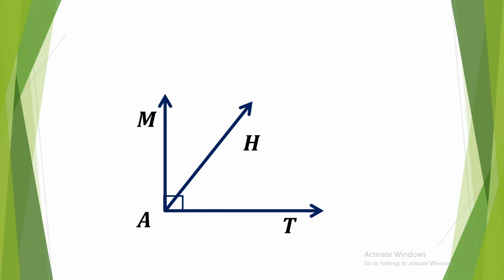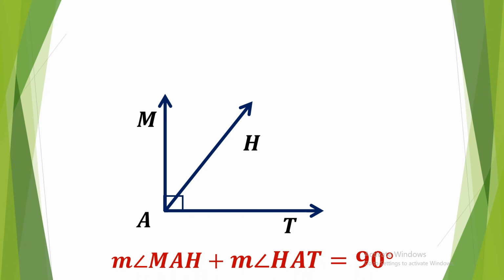Very good. The sum is equal to 90 degrees, or it is equal to the measure of a right angle. So if we add the measure of angle MAH plus the measure of angle HAT, that is equal to 90 degrees.